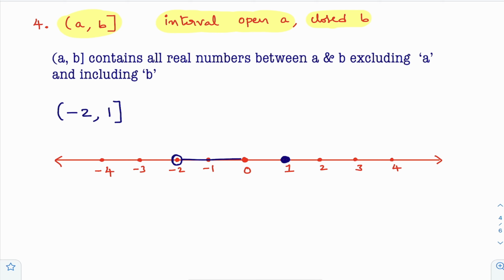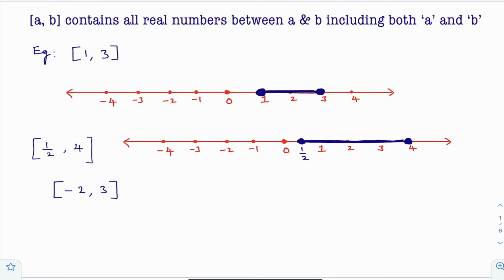All the real numbers in between -2 and 1 are present in this interval. -2 is excluded. 1 is included. I hope you understand all these four types of intervals, right?